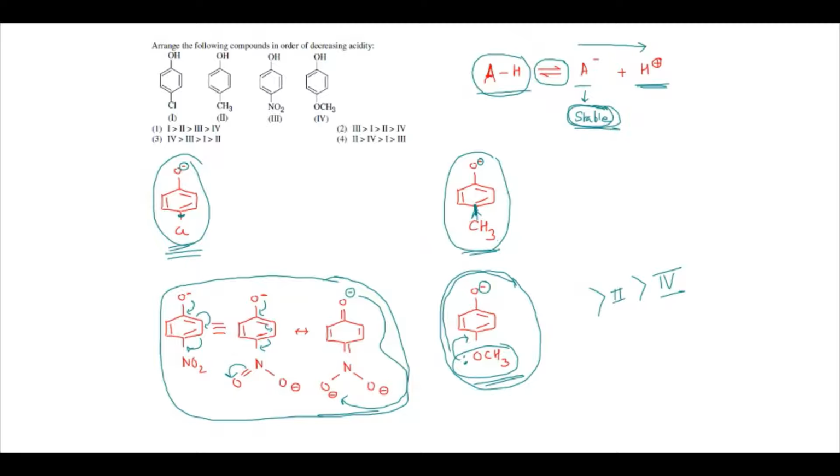So now I will keep 1 here, and of course the most stable conjugate base will be the one bearing the nitro group, and hence the strongest acid will be acid number 3. So this will be the order of the acidic strength. If we check the options, we will see option 2 has this order. So this will be the correct answer.